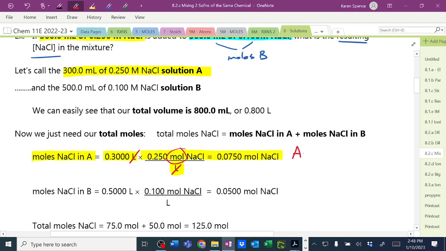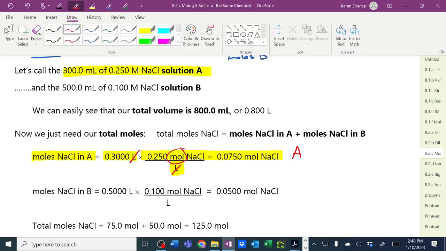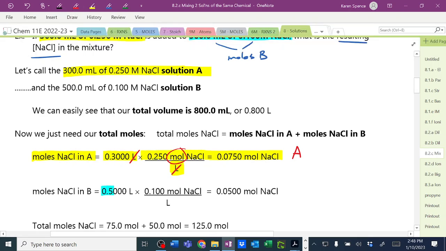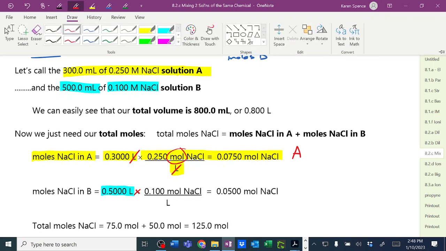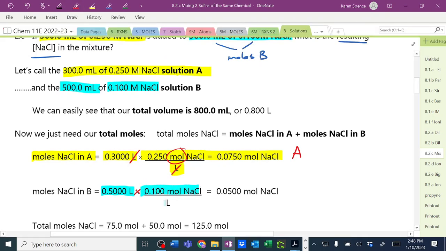So that's A. For B, we have 0.5 liters, which is 500 milliliters, of, remember, of means times, 0.100 moles per liter. So that is moles B.